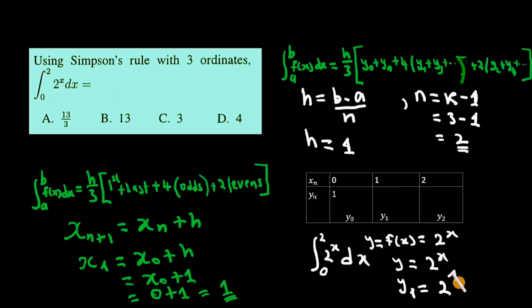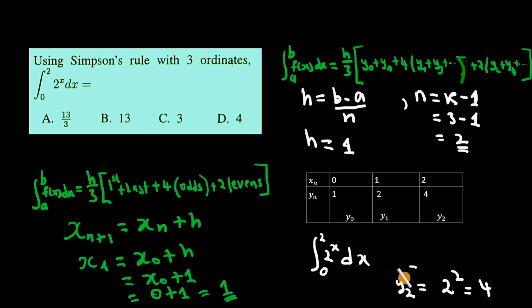In the place of x, I put 1, and 2 to the power 1 is 2, so here I'll write 2. Now the value of y2 is 2 to the power 2, since the value of x2 is 2. In the place of x, I put 2. 2 to the power 2 is 2 times 2, which is 4. So here is 4.